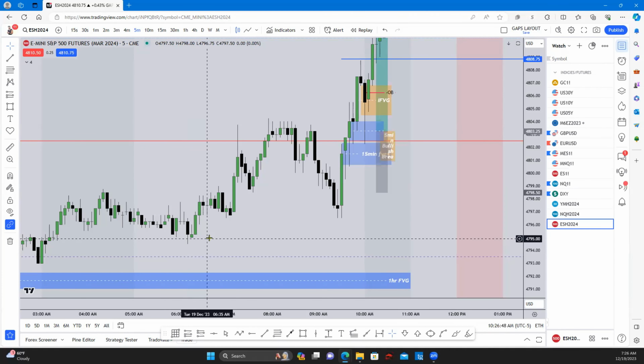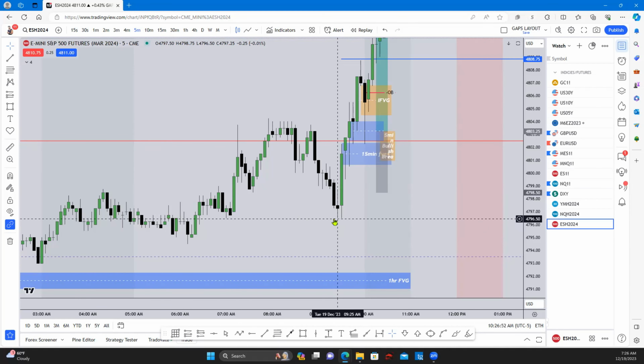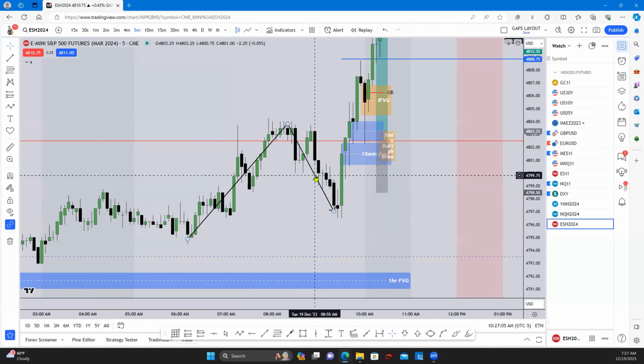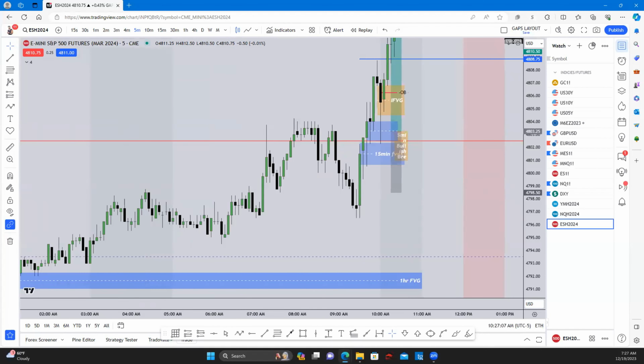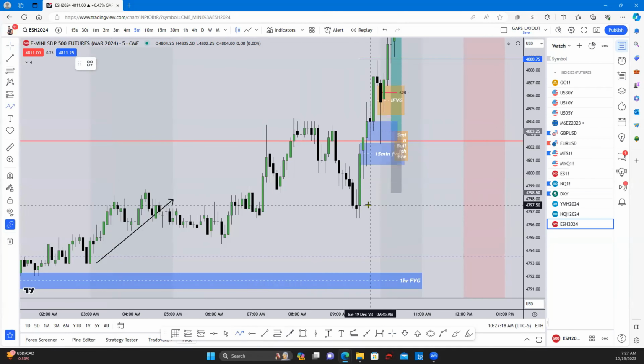From 7, 7:30-ish to 9:30 open, we will get a pullback, whether it's bullish or bearish. Now, what I've noticed is if London is bullish, 85% of the time, New York is going to be a continuation.